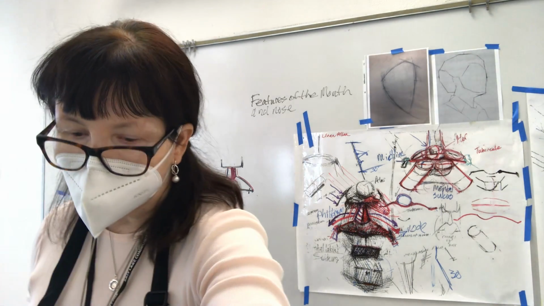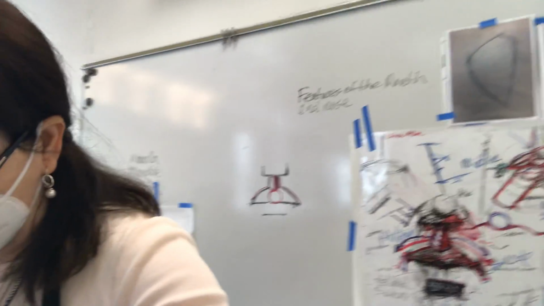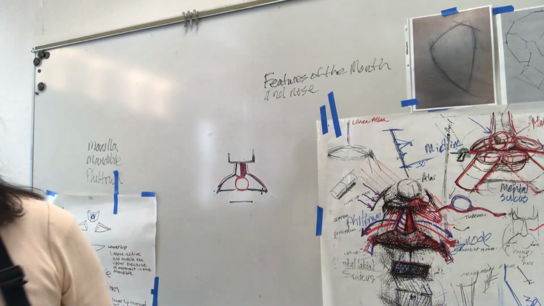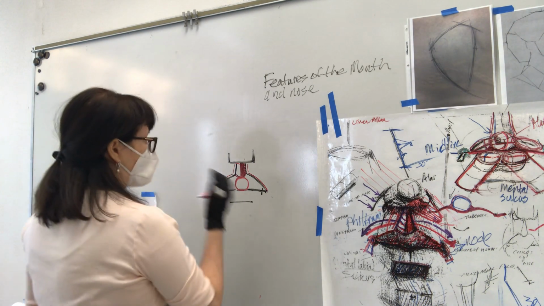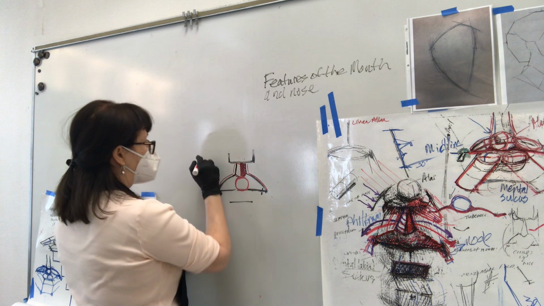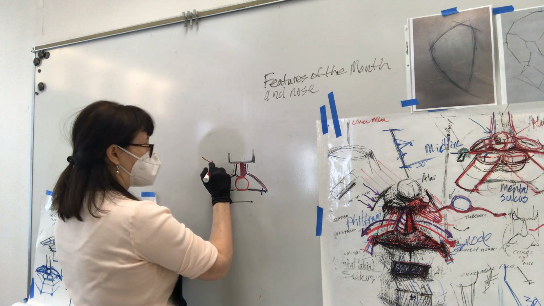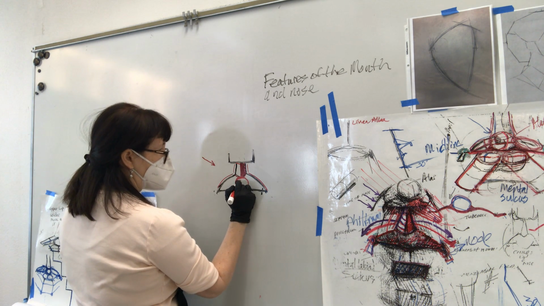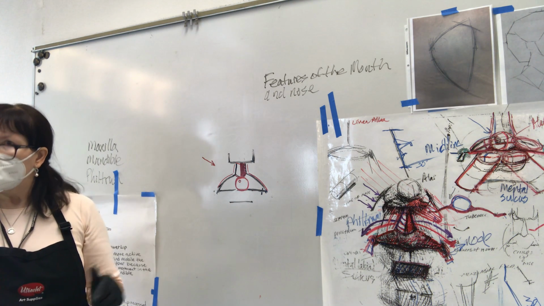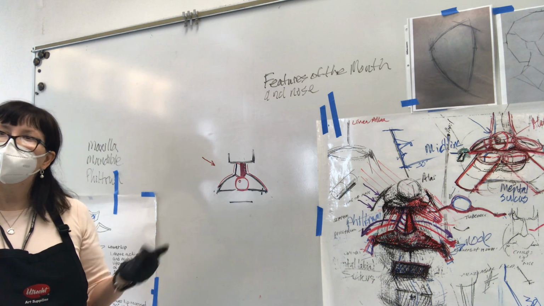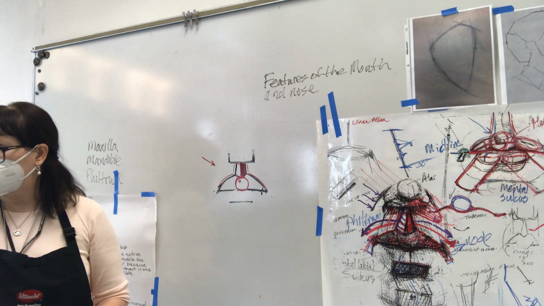Because it's a sphere, it has unique properties to help you decide the light logic. Depending on the direction of the light source, it will always have a highlight right here because it's a sphere. Sometimes on a nursing infant, you'll get a little callus on that.